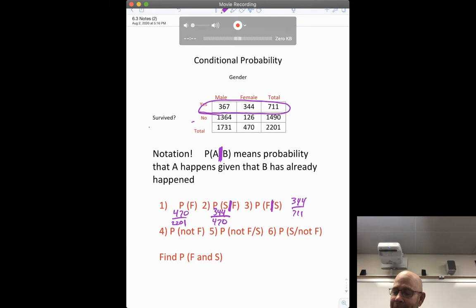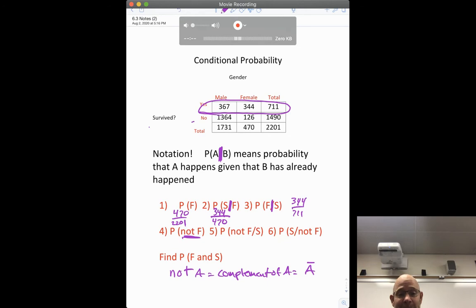All right. I put this one in here just to talk about notation also. There's another notation. It's called not A, the complement of A. And we usually write it as A bar. And the probability of that is just 1 minus the probability of A, right?